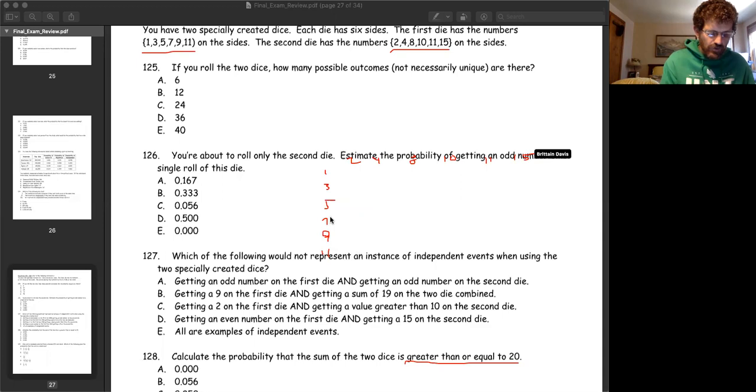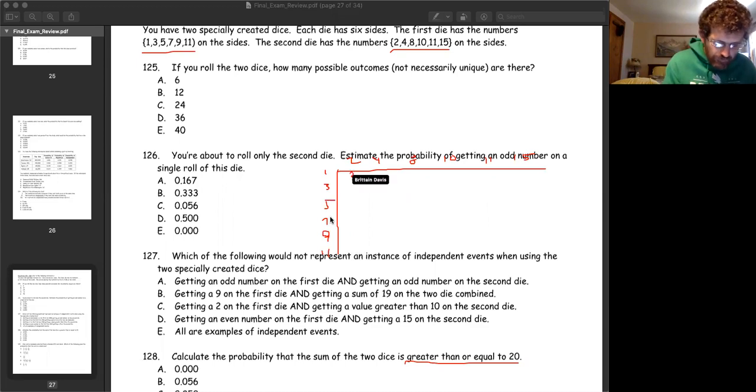And now we just want to create what all the outcomes are. So I'm going to add these together, and this will be really fun to watch me do this. But I'm going to create a table. 3. This is 4 right here. So that's going to be 5, 9, 11, 12, 16. All right, and now I'm going to add 3 to everything.